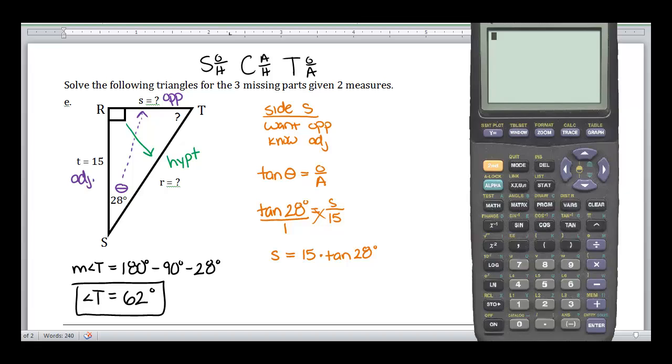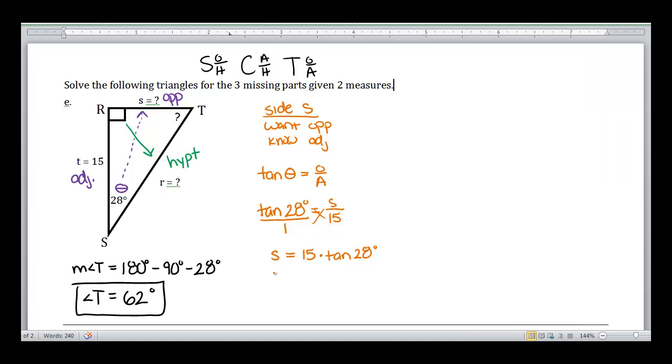Now that I'm in the degree mode, I can do 15 times the tangent of 28. Enter. You're almost always going to get a decimal, and so just round that decimal to the nearest thousandth, which again is 3 decimal places. So here it looks like S is about 7.976.